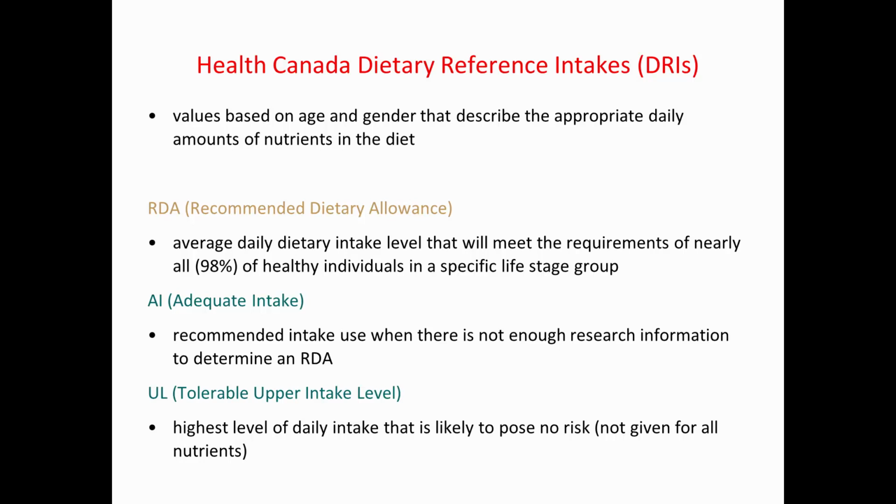Sometimes they'll give adequate intake, which is the recommended intake if they don't have enough evidence to really make a strong recommended dietary allowance. And for some nutrients like sodium or sugar, they give a UL value, a tolerable upper intake level. So that's really the maximum daily that you should be eating without health risks.